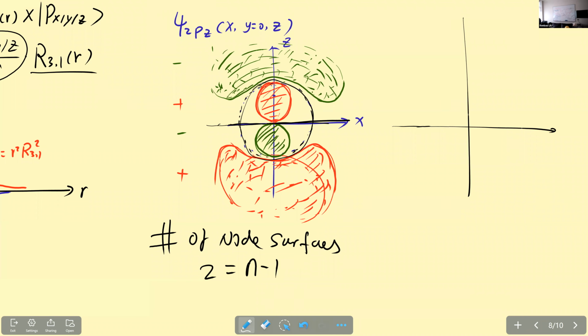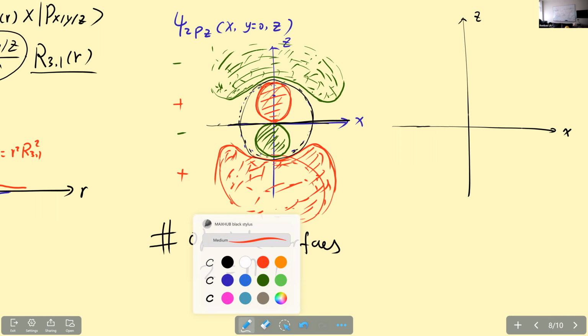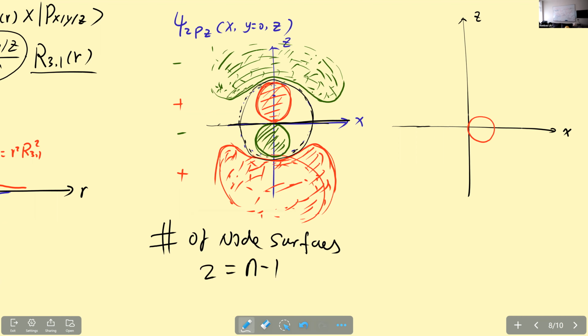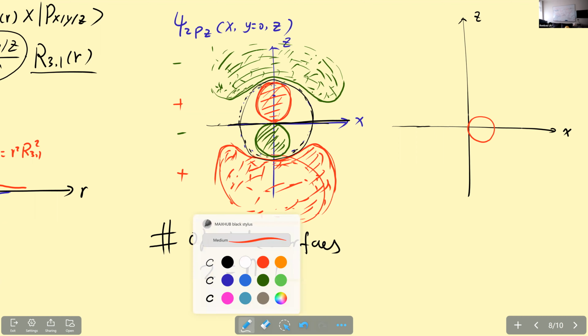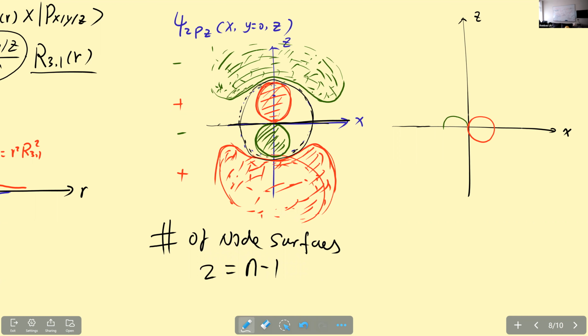Call this one X, this is Z. So again, you can have the wave function like this.